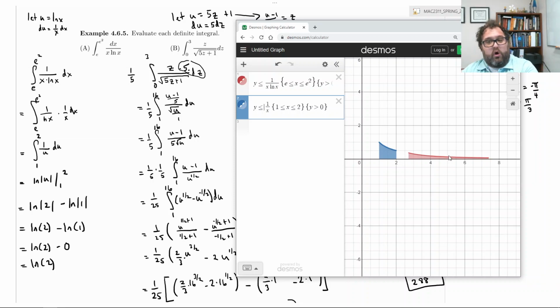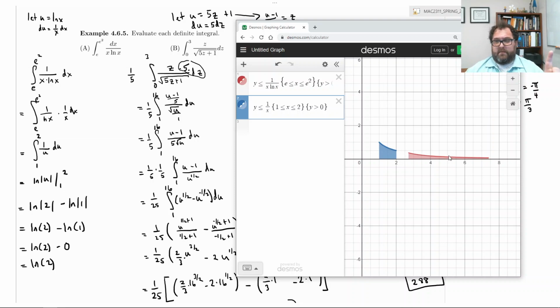So we transform it to the blue region. And it just so happens the blue 1 over u du has a nice antiderivative that allows us to obtain that area. The beauty is they both have the same net area, or in this case, they both have the same area. They both have the same definite integral.